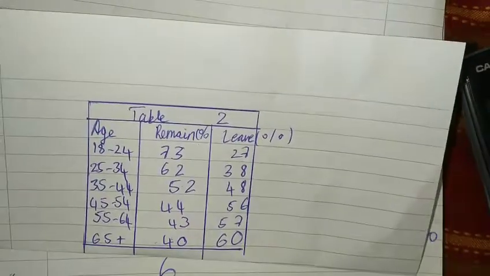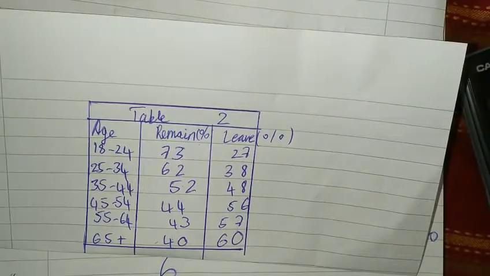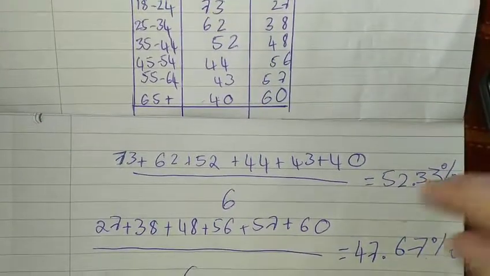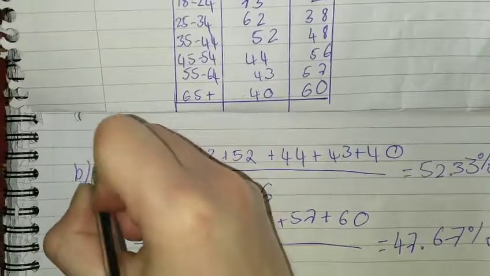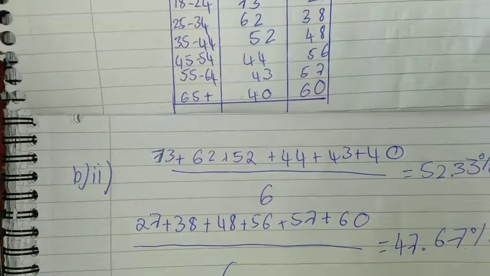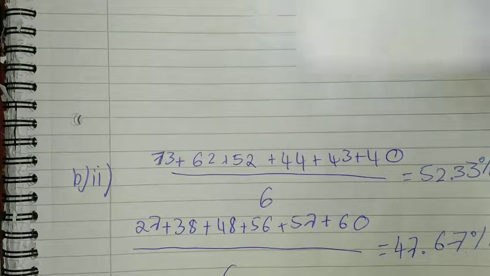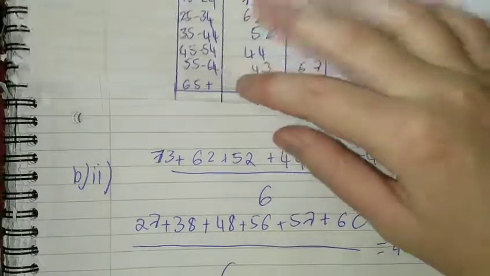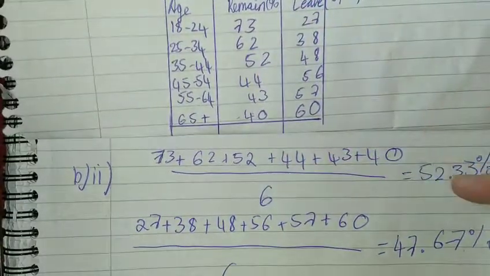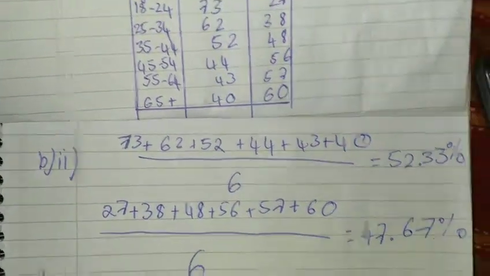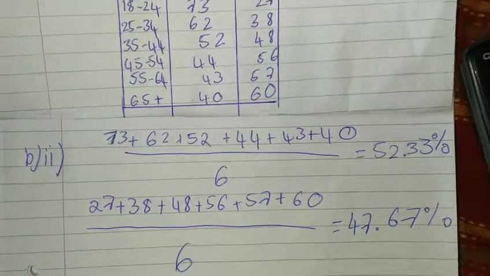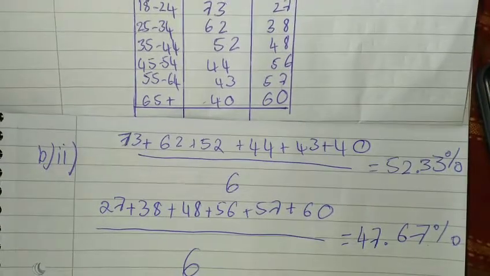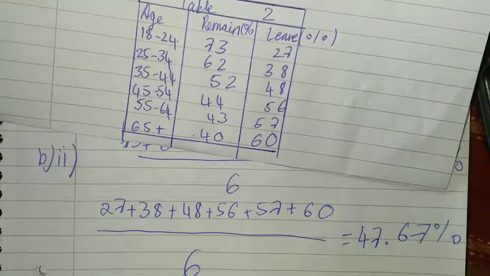And then the next part, I'm asked to explain why the answers to part B, part 2, do not accurately reflect the actual outcome of the referendum. So basically, the average percentage of people within a certain age group that voted is 52.33, but then the average percentage within an age group is less for the number of people that voted to leave.